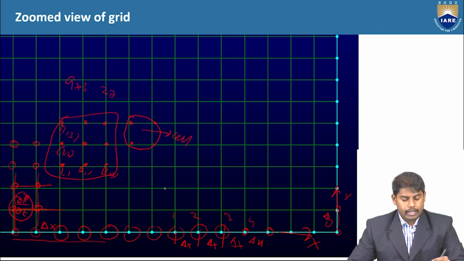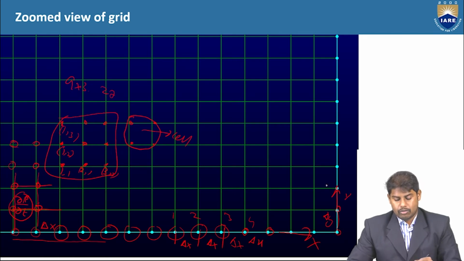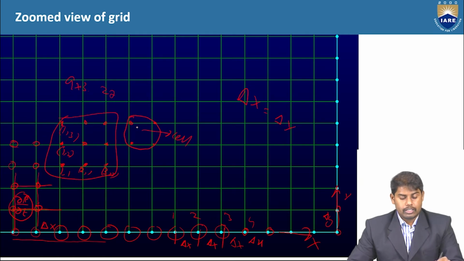So if the spacing between two successive grid points, delta x, is the same as delta y, what do we have? If delta x is equal to delta y, what is the cell shape? We have the cell shape as square. So each and every cell is square shaped, and this is called a uniform grid.